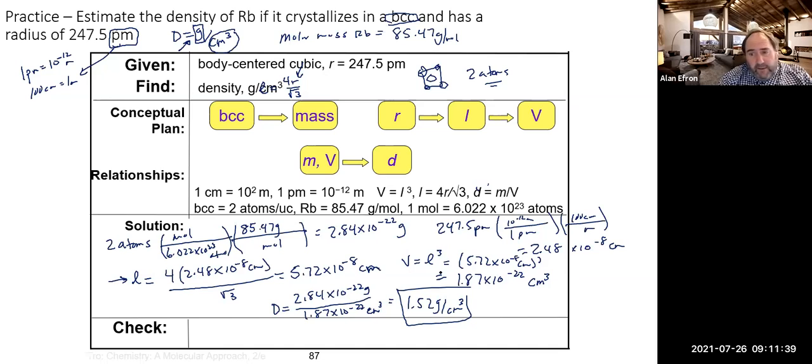Any questions on how to calculate these problems? The really important pieces of information, as you can see from these examples, are knowing the three names, how many atoms go with those names, the calculation of the length, and making sure you get everything into the right units.